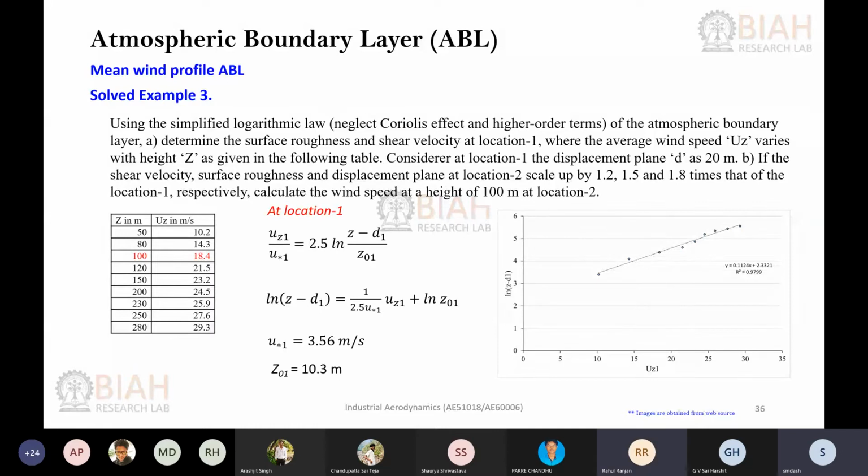But this is not the absolute one, because when we define a surface roughness for a particular terrain condition, it is again an average data set. You may get some values below that, some values higher. And D is higher than this, which is obvious.